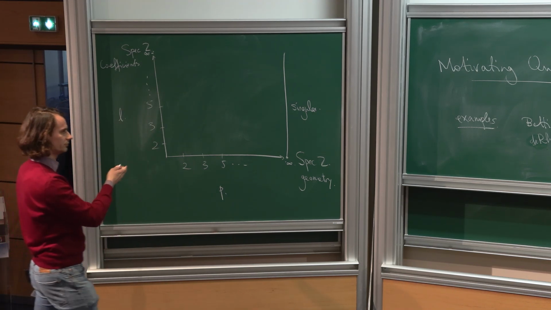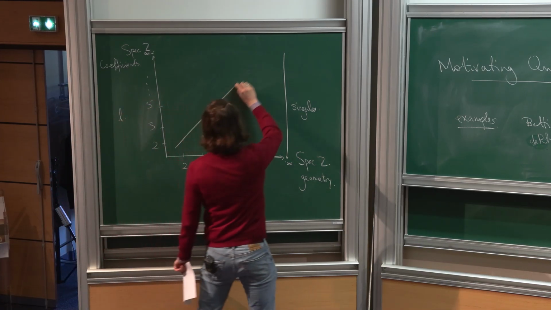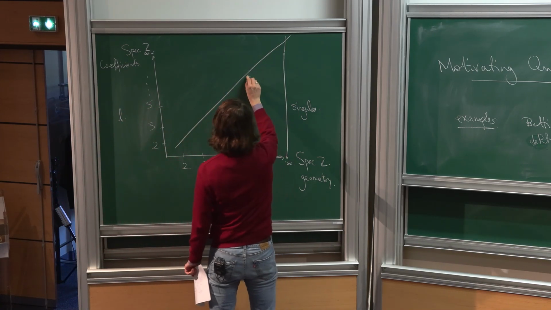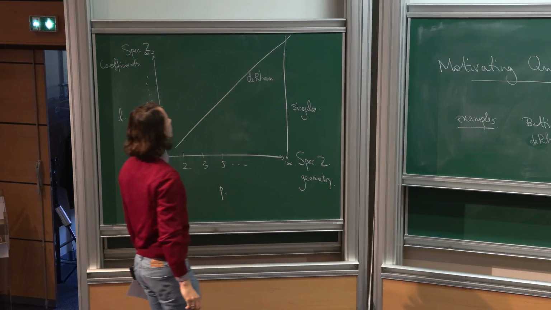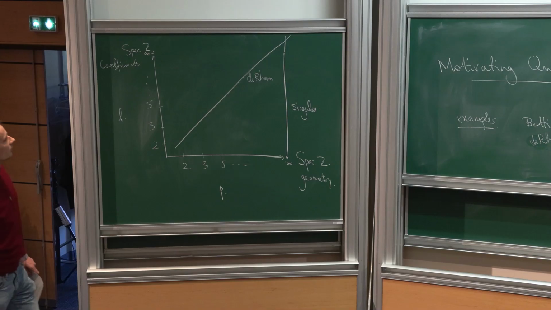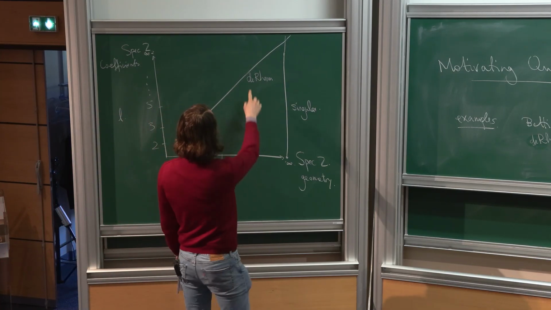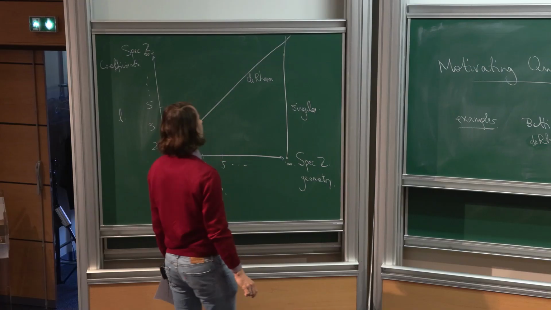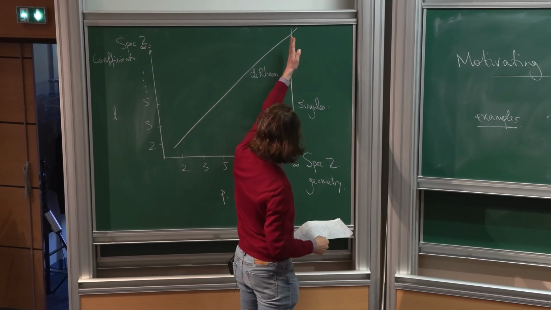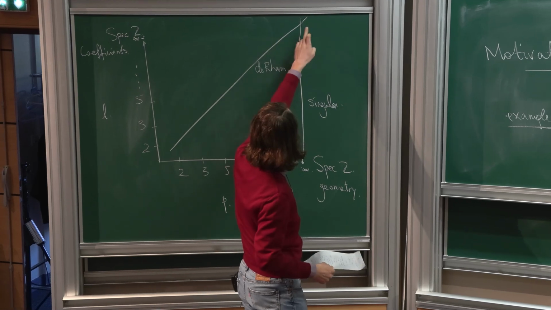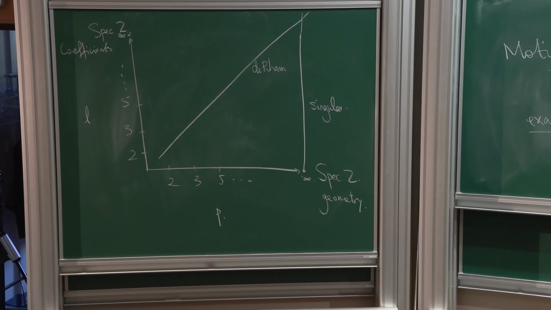If you work with schemes in characteristic p, then de Rham cohomology also lives in characteristic p. So this sits diagonally here. And conspicuously, these two lines meet there. This is reflected in the actual mathematics, because when both the geometry and the coefficients are in characteristic p, there you have the comparison isomorphism between de Rham and singular cohomology.